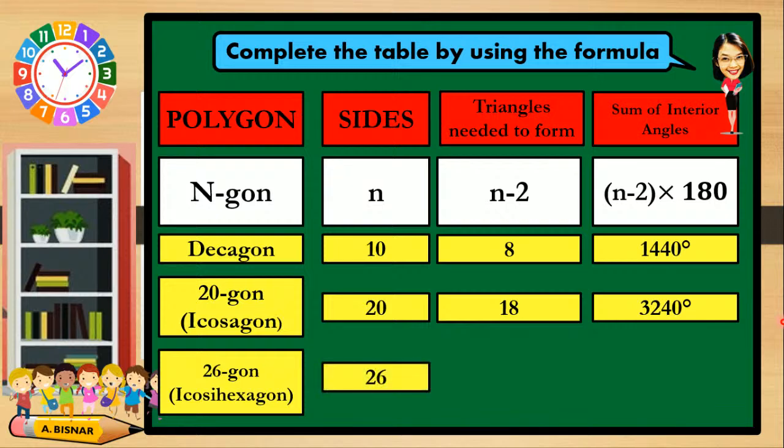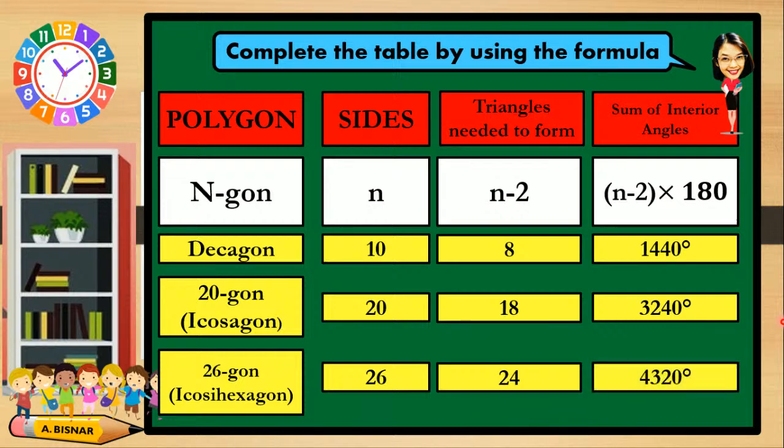Okay? 26 sides, 24 triangles, and 4,320. Gets po? Gets o gets na gets?